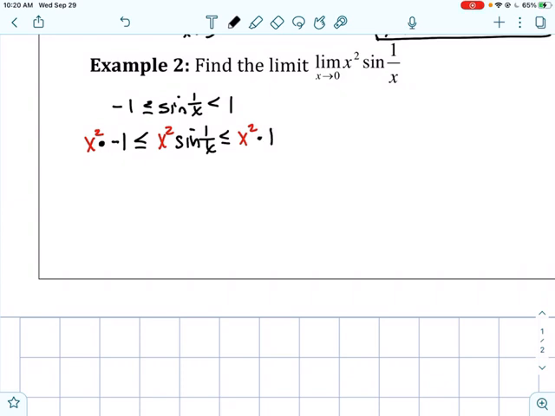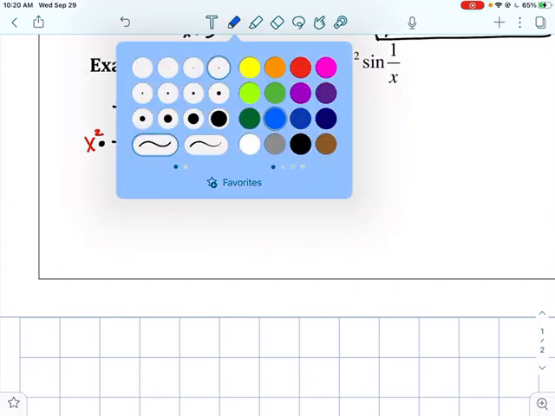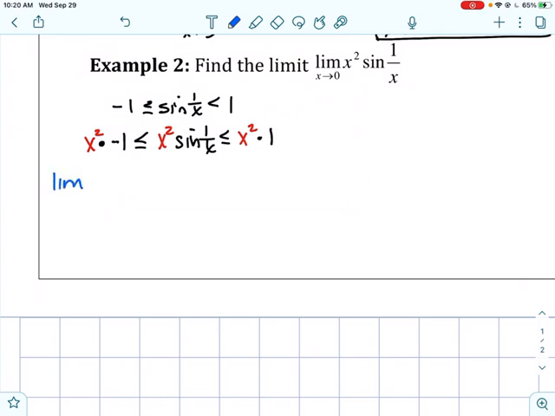Now that we have our expressions, we're going to take the limit of the whole thing. We want the limit as x approaches 0, and our expression is negative x squared is less than or equal to the limit as x approaches 0 of x squared sine of 1 over x.